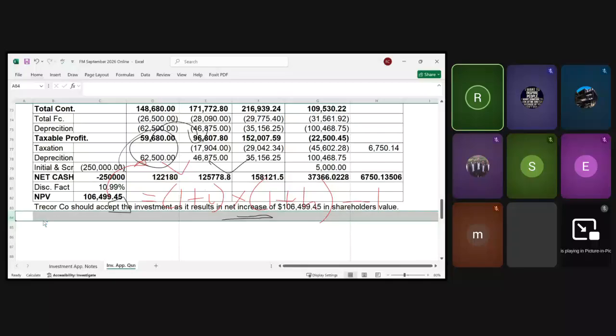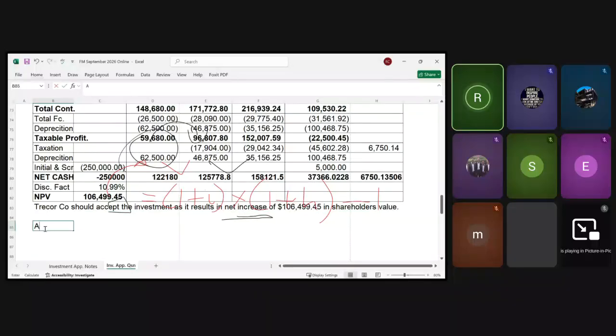ARR is the formula for accounting rate of return: average profit before interest and tax divided by average investment, multiplied by 100%.